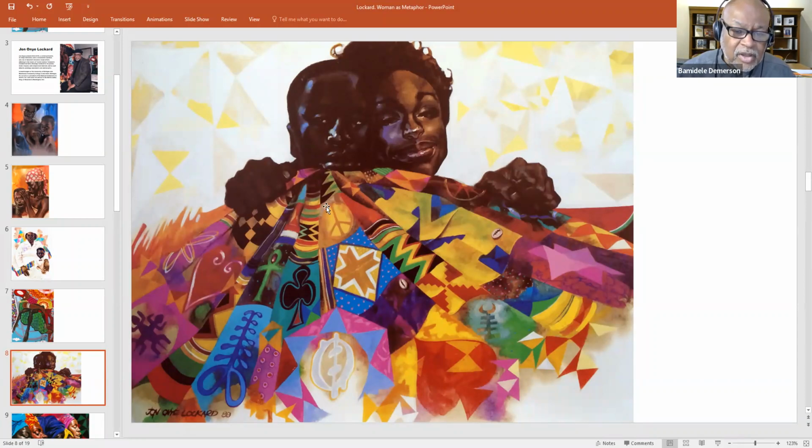And of course, we have the peace symbol, and we have the block M, which is maize on a blue field, which is a symbol for the University of Michigan itself. And so we have this connection to Africa created in this quilt, in addition to the scraps and pieces of cloth.